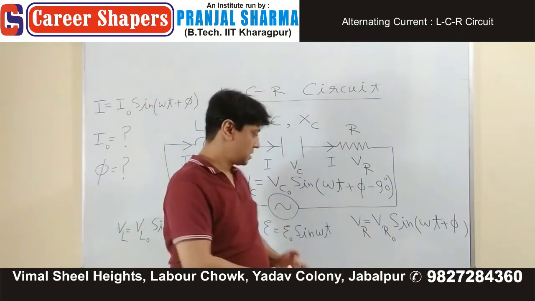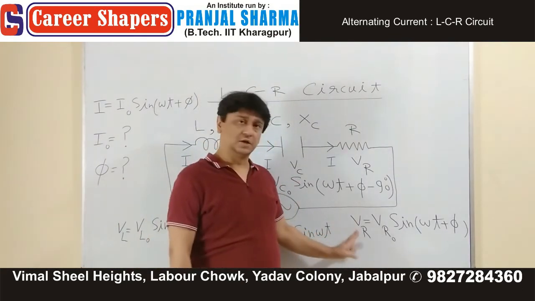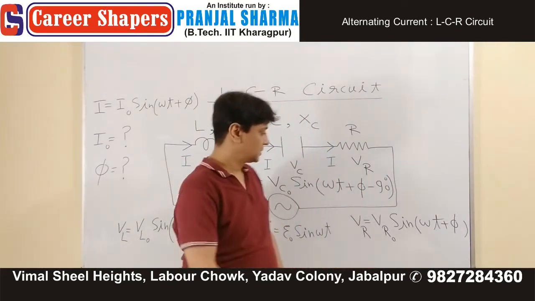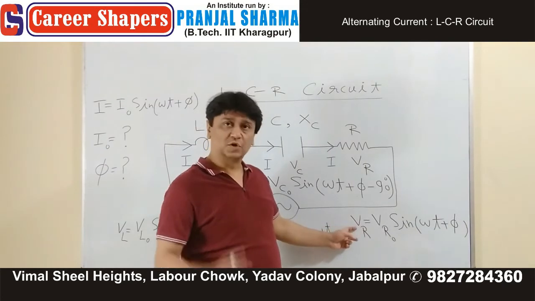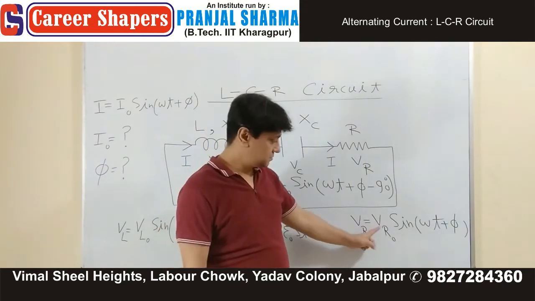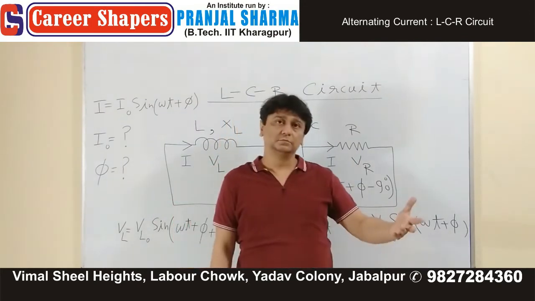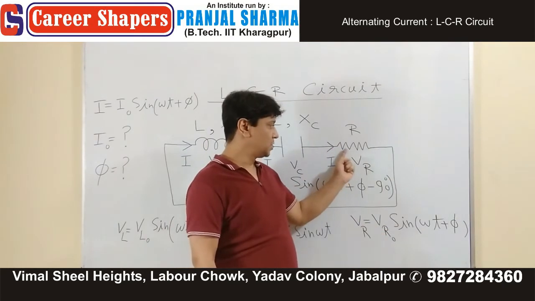Now, what is VR? I'll help you in this, and then you have to figure out for L and C. What is VR? Potential difference. What is the maximum value of that? What do you know? Ohm's law. Current flowing through the resistor is what?